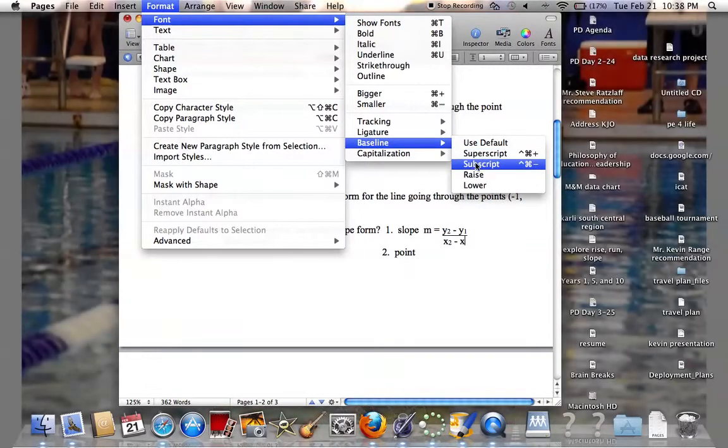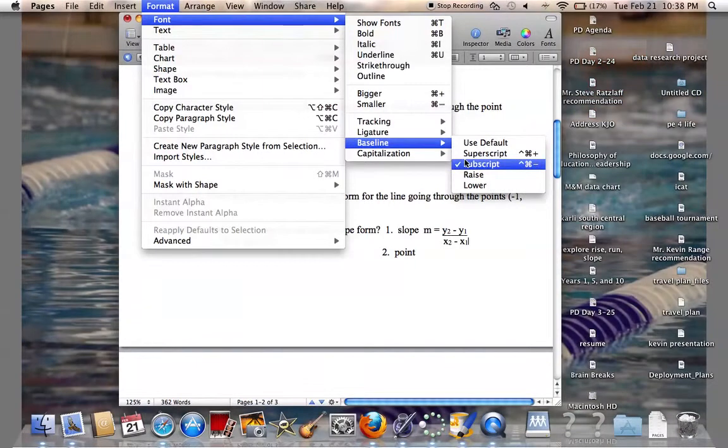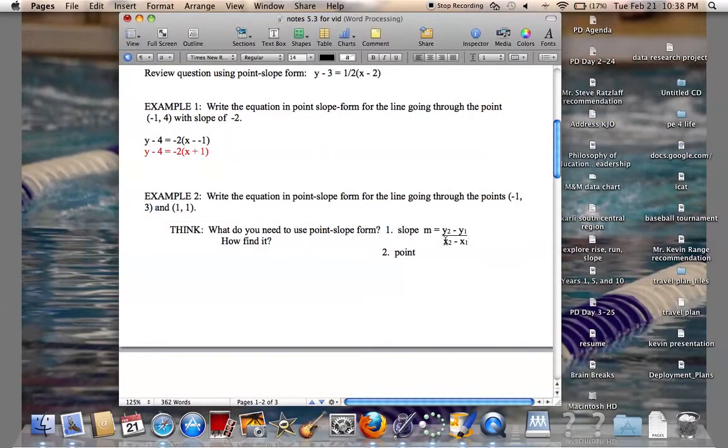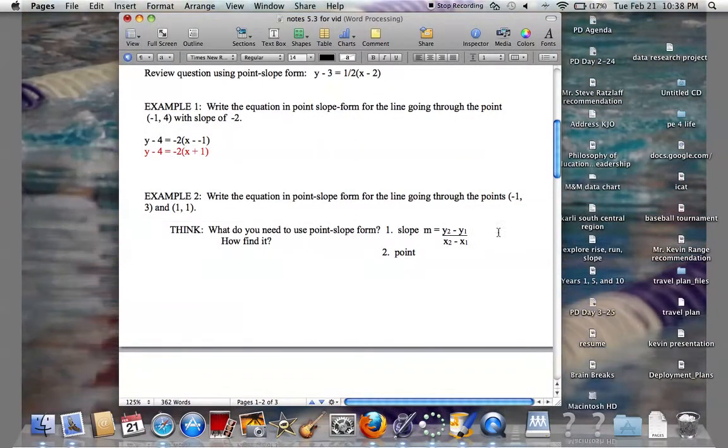So remember, the big thing here is that you keep your ordered pairs together so that you put your y here with a matching x here, but that our y's go first.